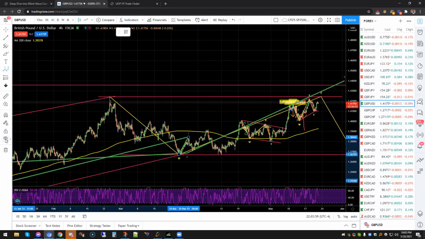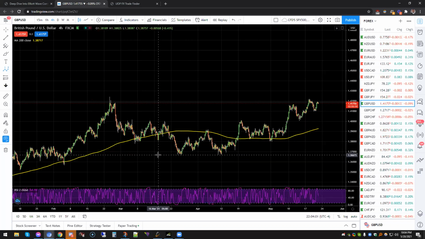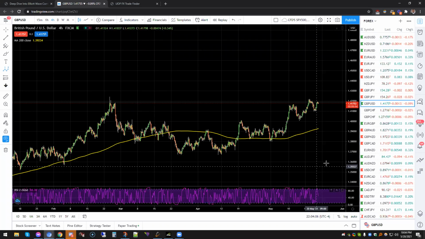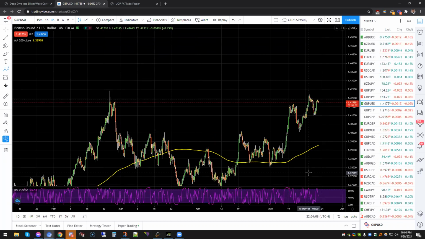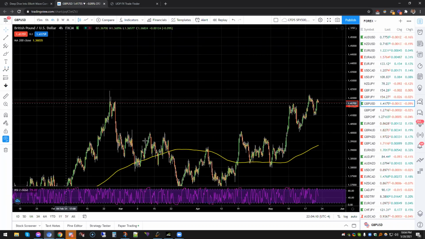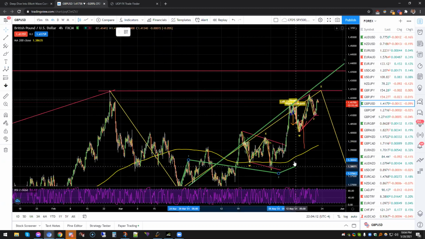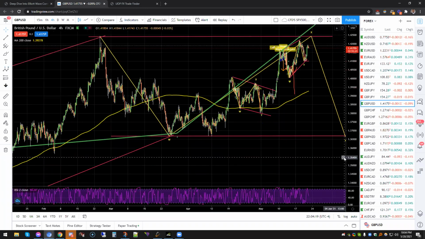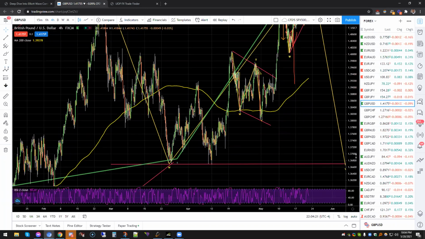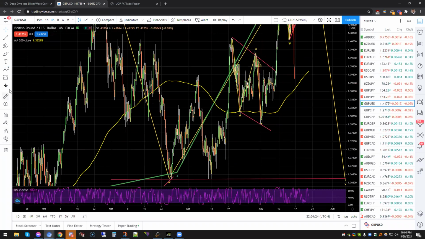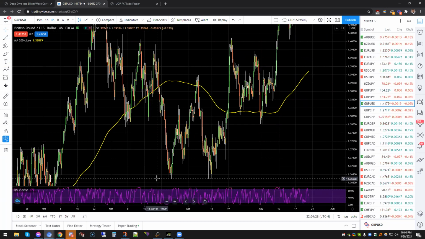Let me just take off the drawing tool. Okay, let me just take that off 1 second. Let me just try to see if we broke the low. It looks like we did. Okay, yes, we did break the low.